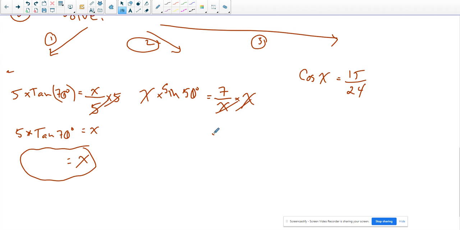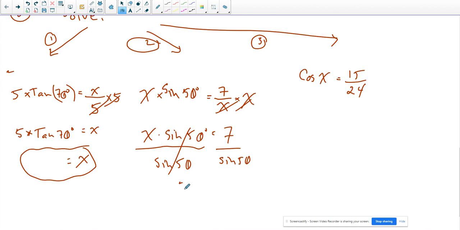Those go away, and now we have that x times the sine of 50 is equal to 7. Well, that's a little bit better, but x is being multiplied by the sine of 50, so I'm going to divide both sides by the sine of 50. Those are going to go away, and we now have that x is equal to 7 over the sine of 50 degrees.